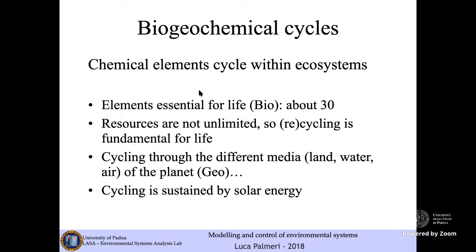It is important to include cycling because resources are not unlimited. So recycling is a fundamental aspect of living processes. Cycling through the different media means cycling through land, water, air, and so on. This is why we talk about bio-geo cycling, biogeochemical cycling. And cycling, I recall to you, is sustained by solar energy.